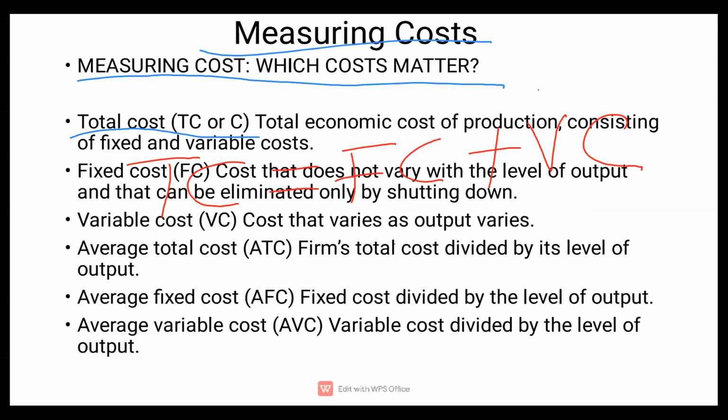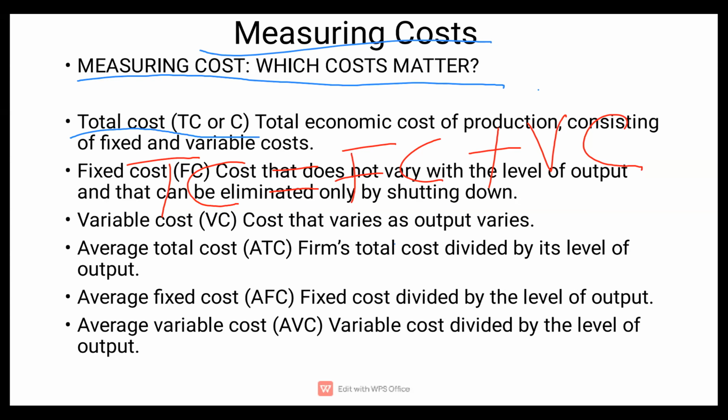Anyone to give me an example of fixed cost in production? Anyone? Machinery. Machinery, fixed costs. Labor. Labor is one of the fixed costs in business also.